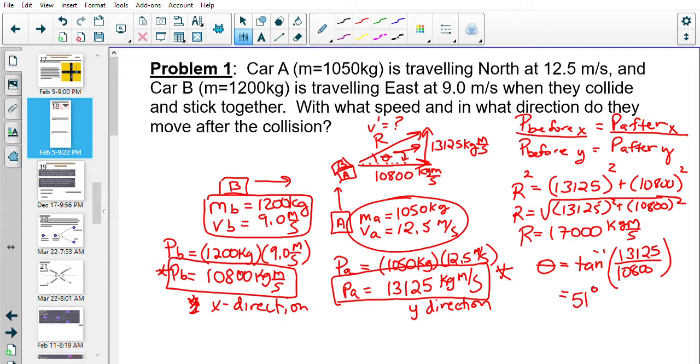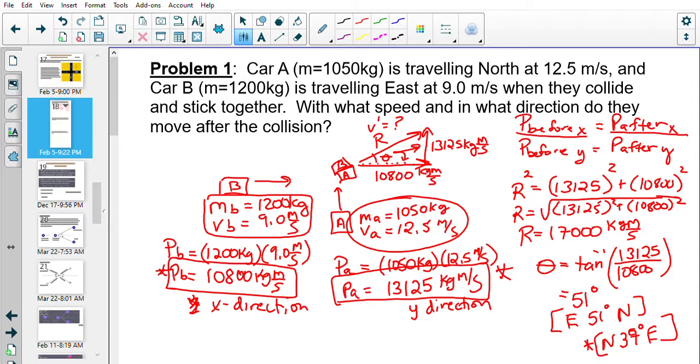So that direction then is going to be east, because I drew it first, 51 degrees north. If you drew your triangle different, then you might have north 39 east, and that is okay if you'd have drawn it slightly different.